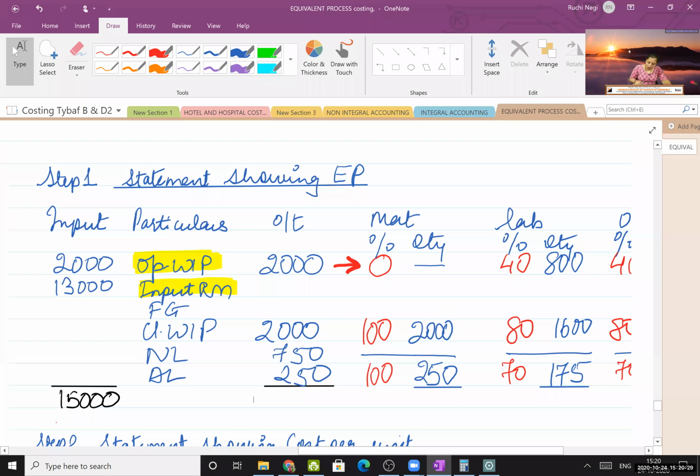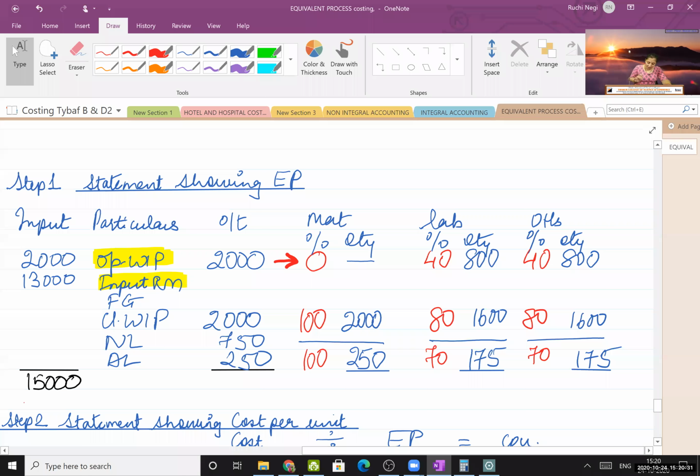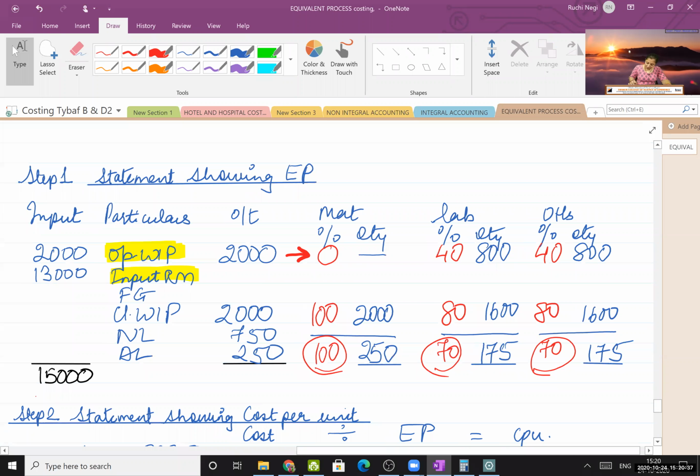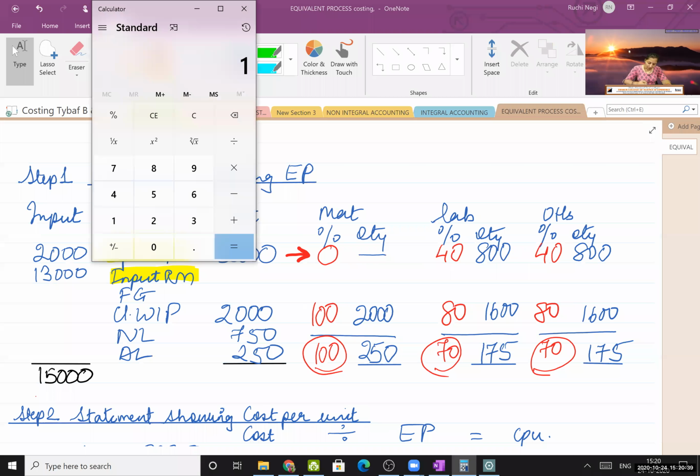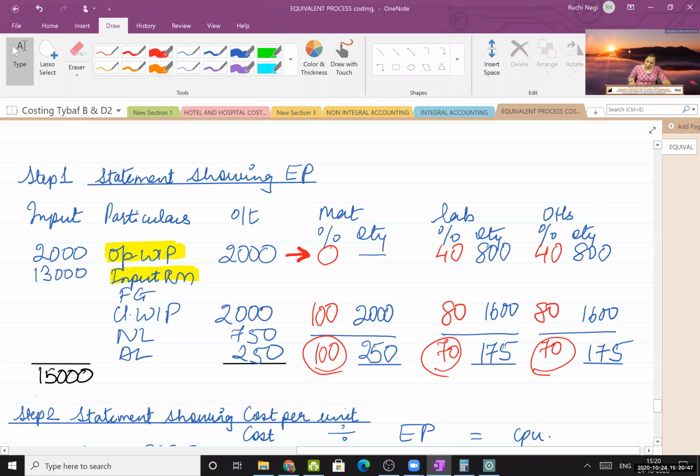And abnormal loss ka degree of completion is given: 100%, 70%, 70%. So calculate. 250 का 70%, 175 units. See? Okay? Right?